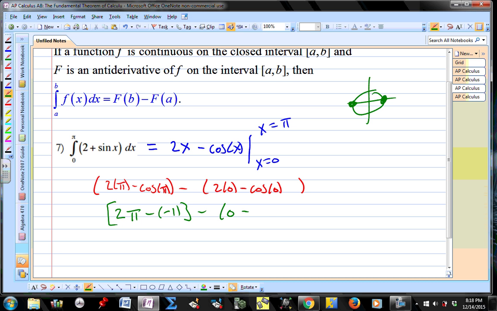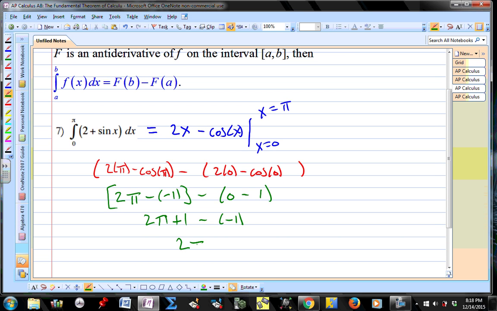Well, 0 radians is over here. Cosine is the x value. X is 1 in this case. So we're going to get 2 pi plus 1 minus -1, 2 pi plus 2. If you want to get a decimal approximation, you can type that into your calculator. Otherwise, here's the exact answer.